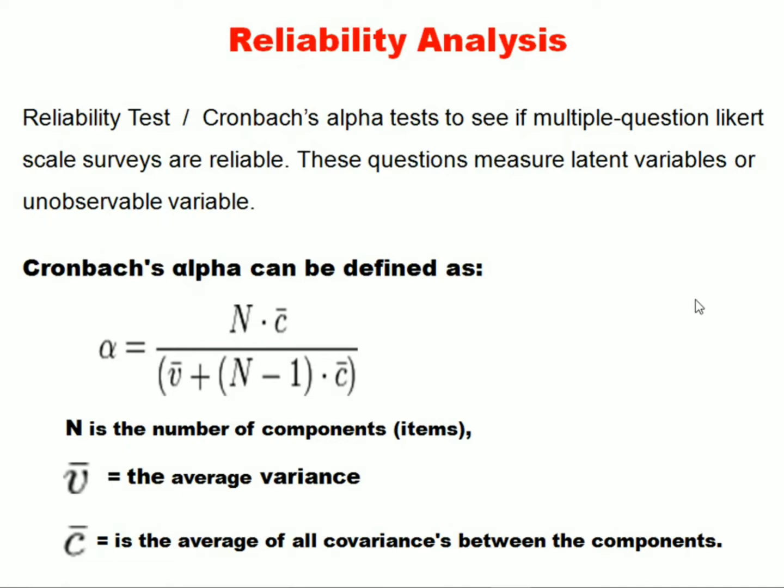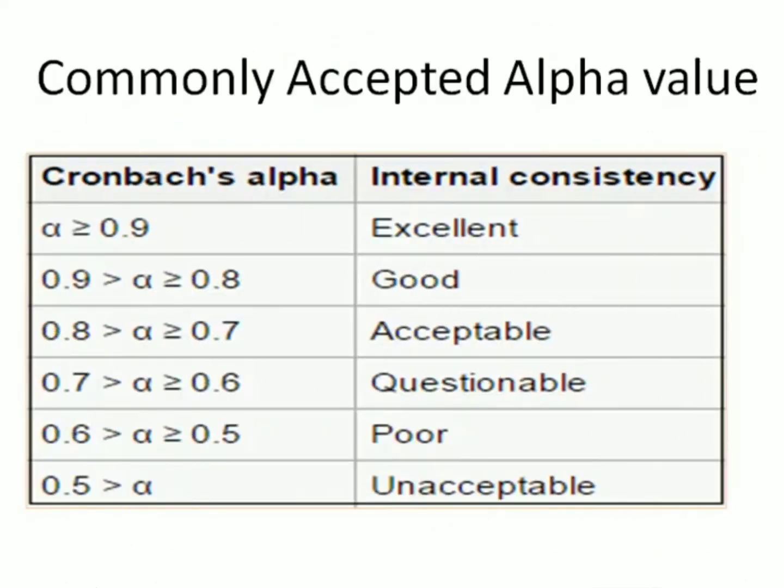Cronbach's alpha can be defined as N times C bar divided by V bar plus (N minus 1) times C bar, where N is the number of components, that is, the total number of variables used in the particular factor, V bar is the average variance, and C bar is the average of all covariances between the components.